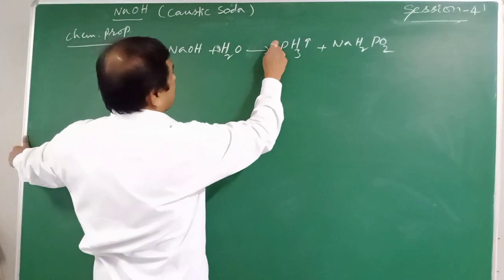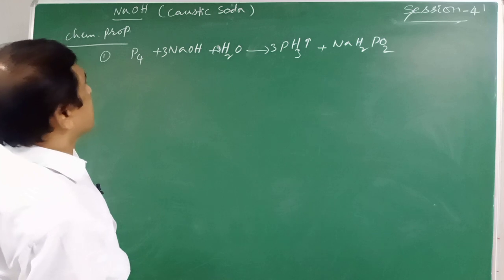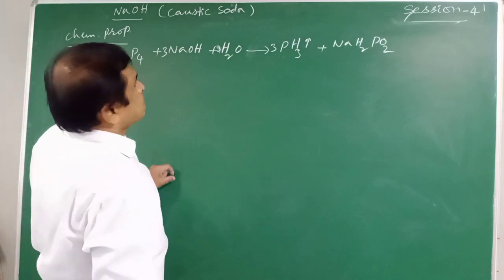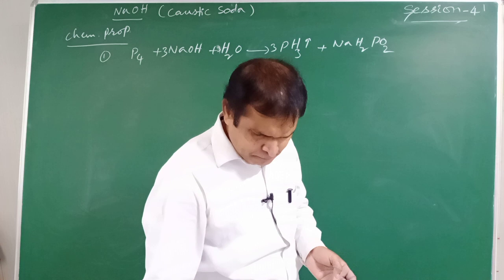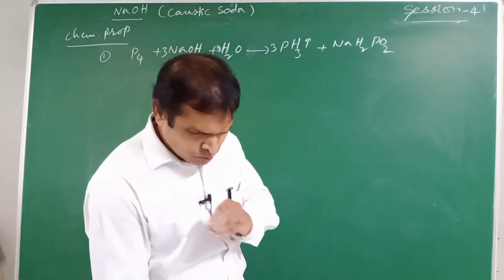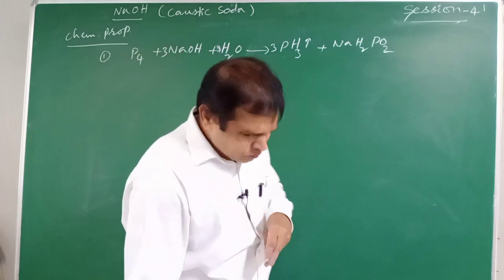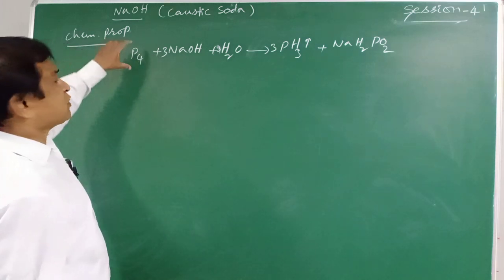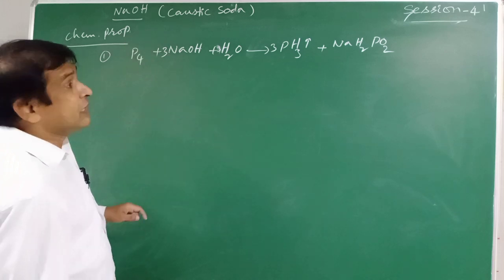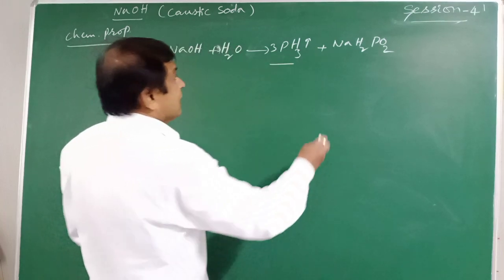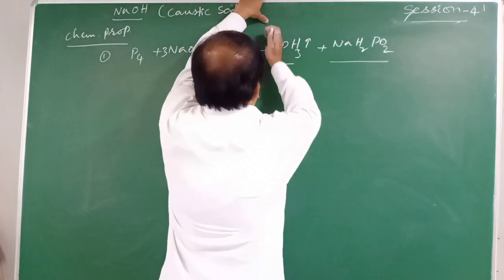So it is 3, make it 3. Balanced. When white phosphorus reacts with an aqueous solution of sodium hydroxide, it liberates phosphine and forms sodium dihydrogen phosphate.